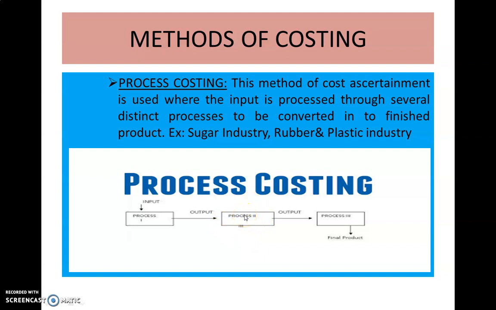This is particularly important where by-products arise or wastage occurs at any stage. Finished products are obtained at the end of each process. Each process has an account to which all expenditure is charged. The process cost per unit in different processes is added to find the total cost per unit.